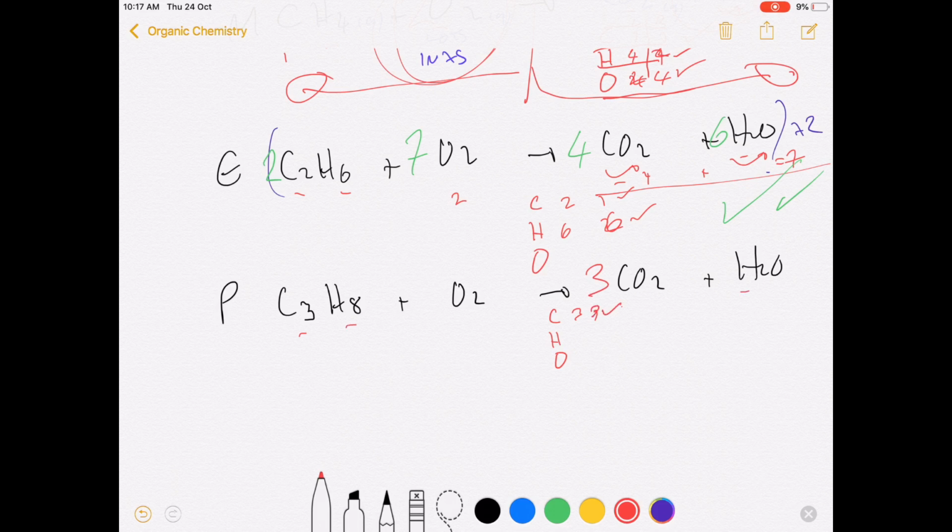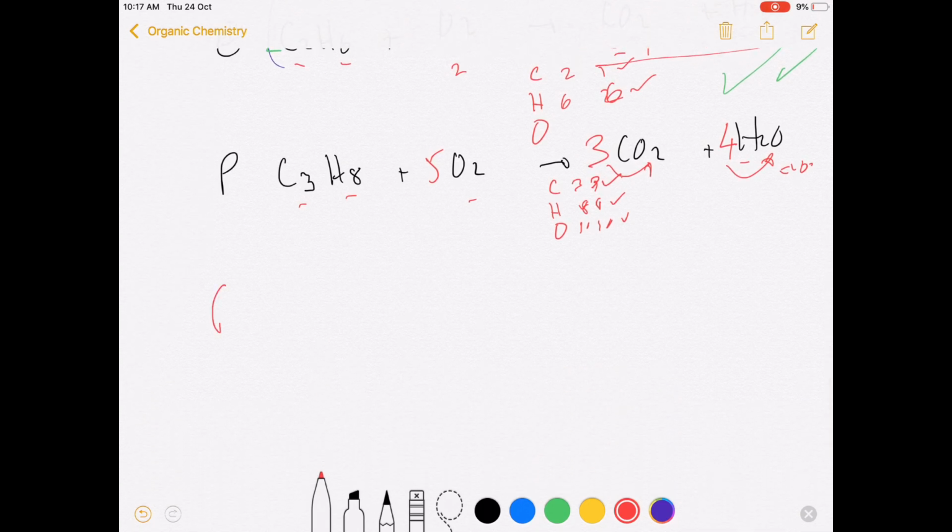Hydrogen's 8, hydrogen's 2, so I need to times that by 4. So now we've got 8 and 8, that's good. Oxygen, we've got 3 times 2 is 6, plus 4, so we've got 10 oxygen. Only 2 here, so it's 5, so it's 10. And that is balanced beautifully. Thank you, propane.